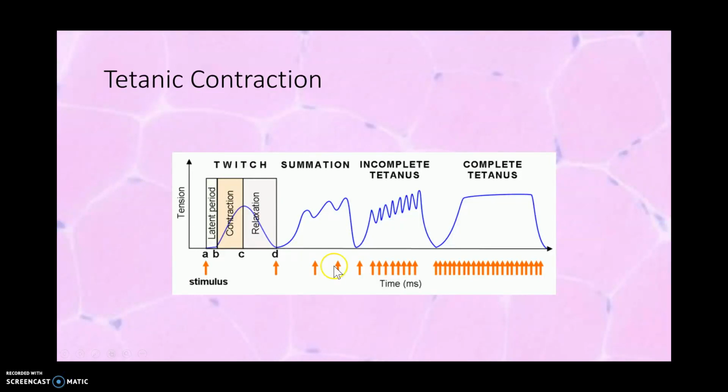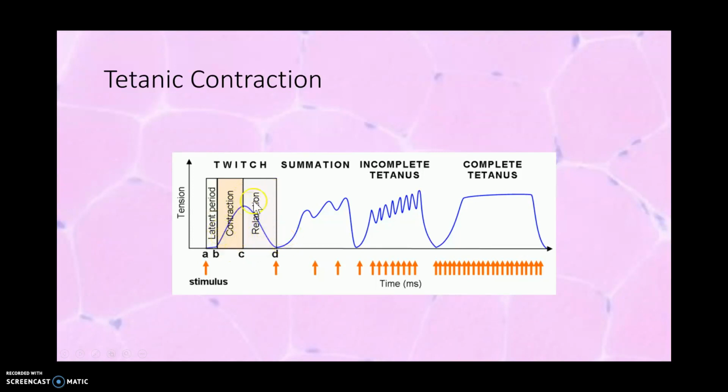When we talk about a tetanic contraction and a muscle twitch, there are four components, A, B, C, D, like what you see right here. We need that stimulus, that electrical signal. Then we have what's called a latent period, then we contract the muscle, then we relax the muscle.